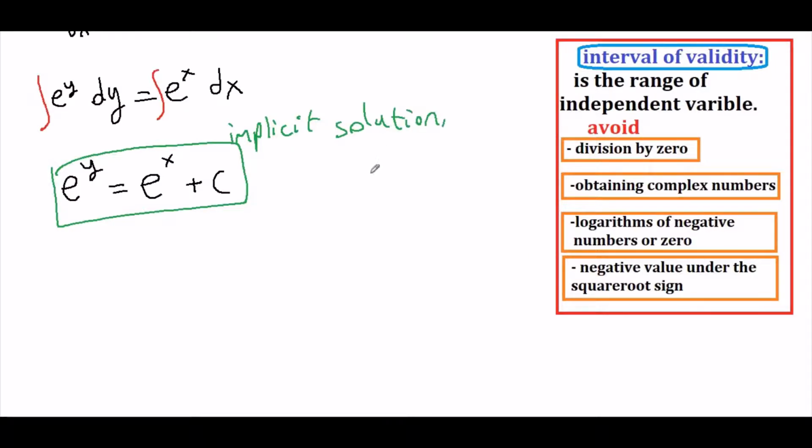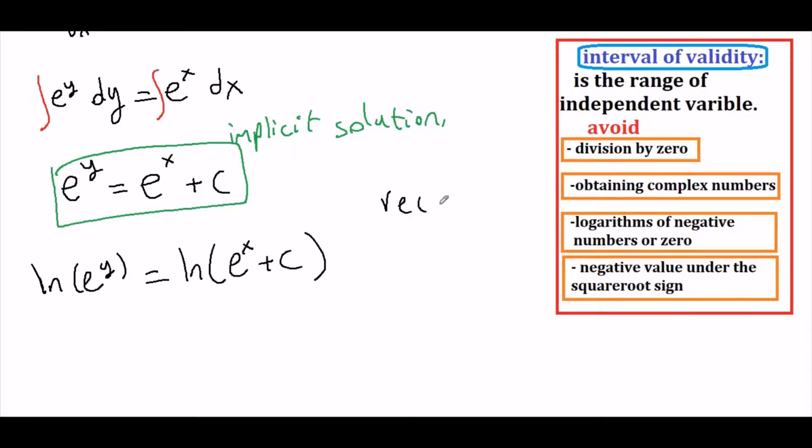Now we're going to find the explicit solution by solving for y. We take ln on both sides. So ln of e^y is equal to ln of (e^x + c). Let's recall that ln of e^x is equal to x, so ln of e^y is equal to y.